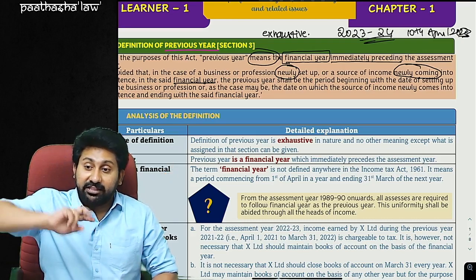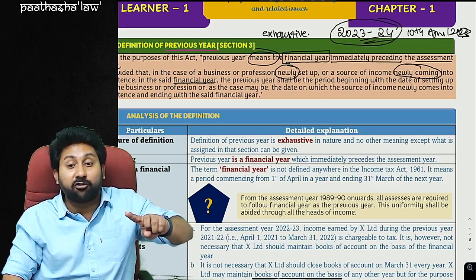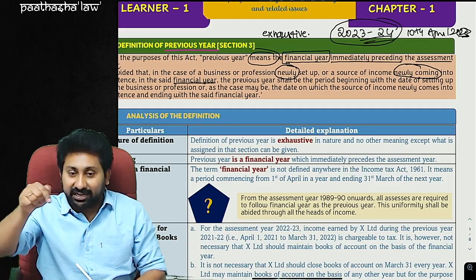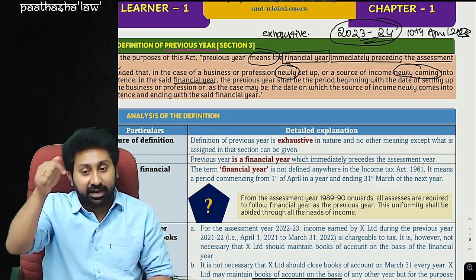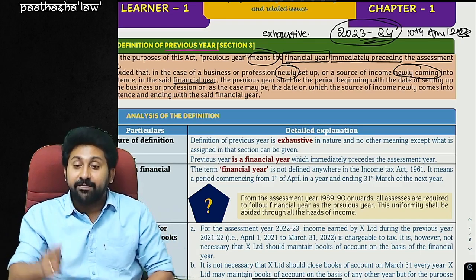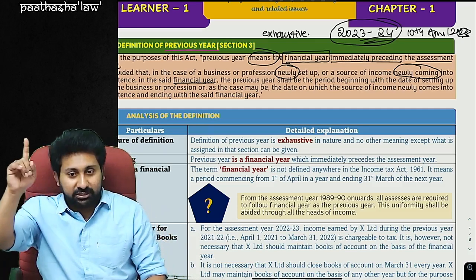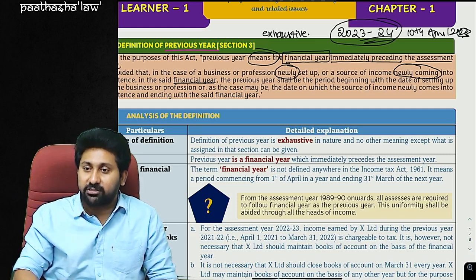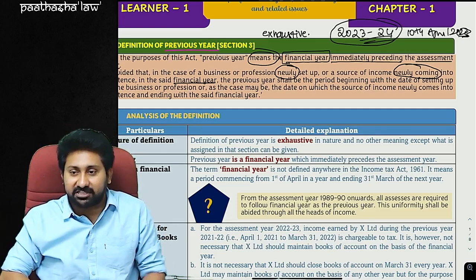This 23-24 income will be assessed in the 24-25 year. For that year, I will have two previous years. One is the previous year for the existing source. Second is the previous year for the new source. For the existing source, my previous year will start from 1st April to 31st March. For the new source, my previous year will start from 10th April to 31st March next year.